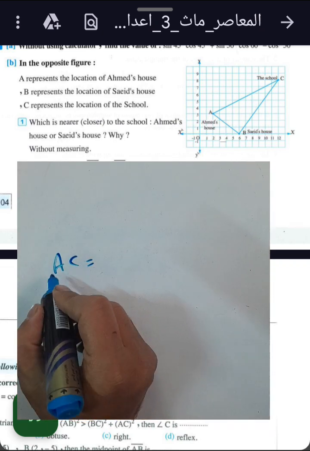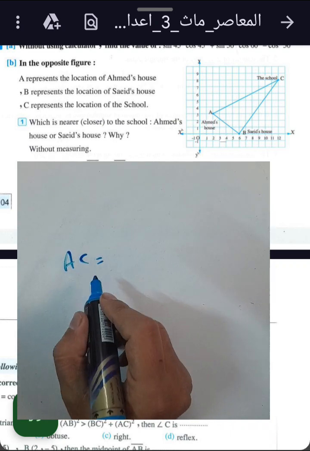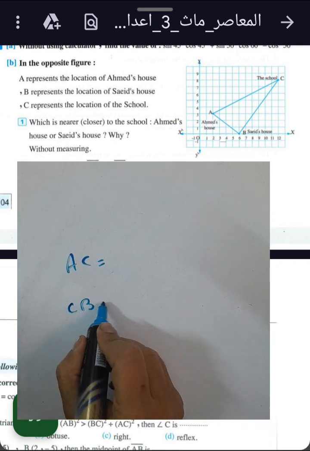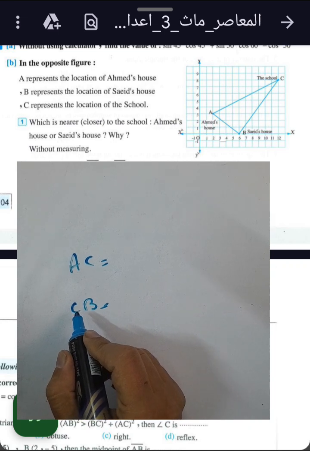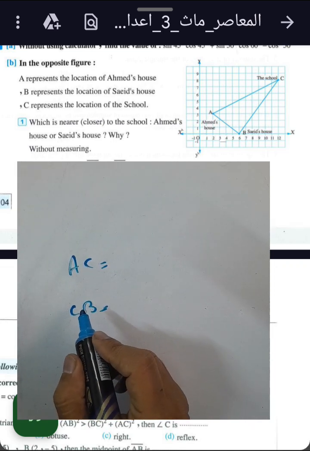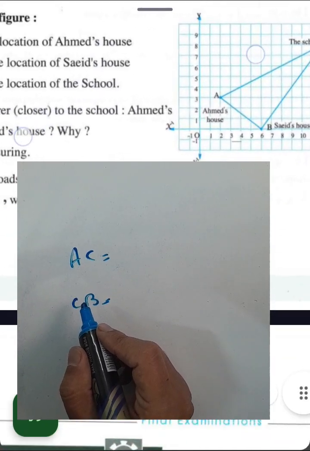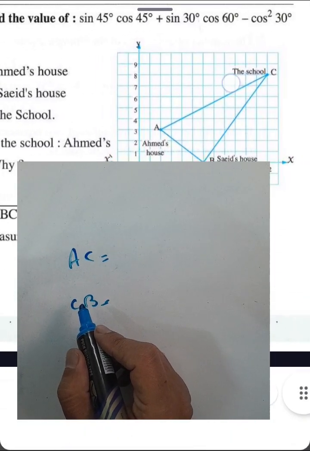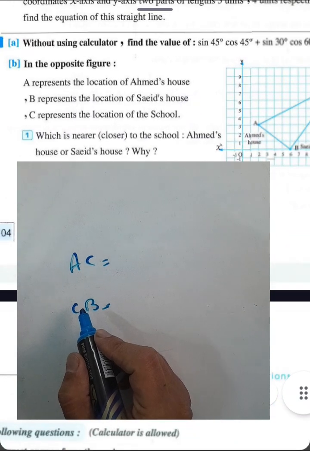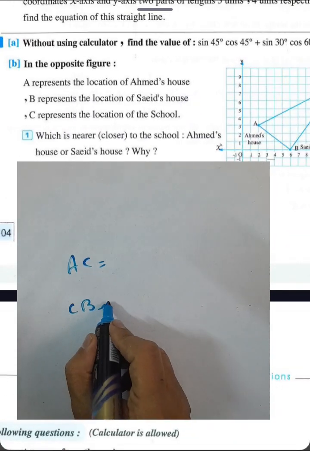We can find the distance between each point and the school, the houses A and C. We can find the length of AC, Ahmed's house to school, and the length of CB, from point B to C. The line BC refers to the distance between Said's house and the school. You can find the two lengths and find the relation between them.